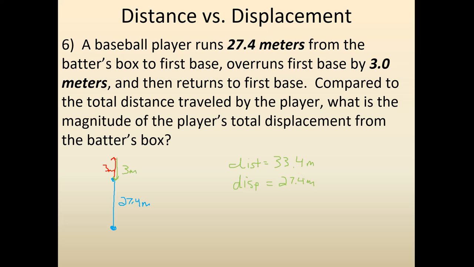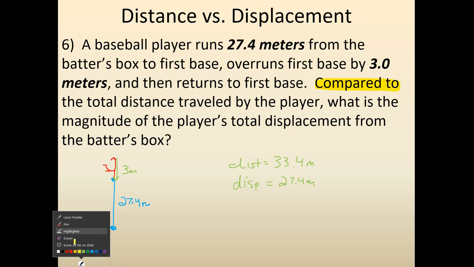All right, so now let's go back to the question. The question says compare to the distance, and they want to know the displacement. So the whole idea is that I need to compare this number to the distance.